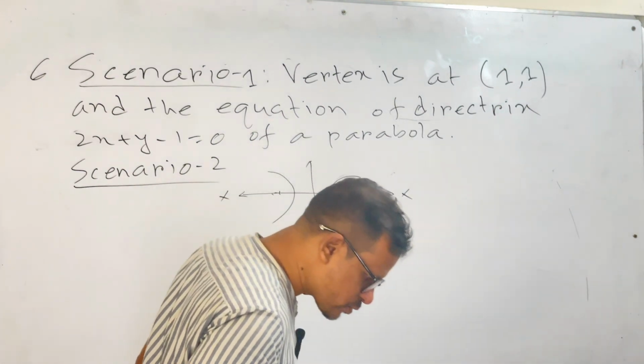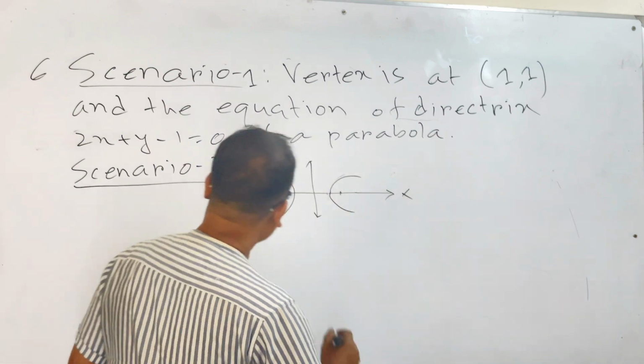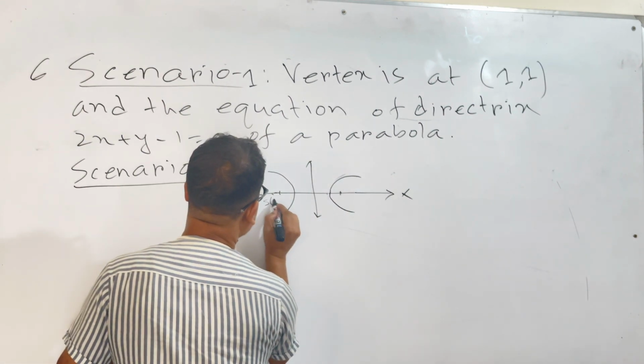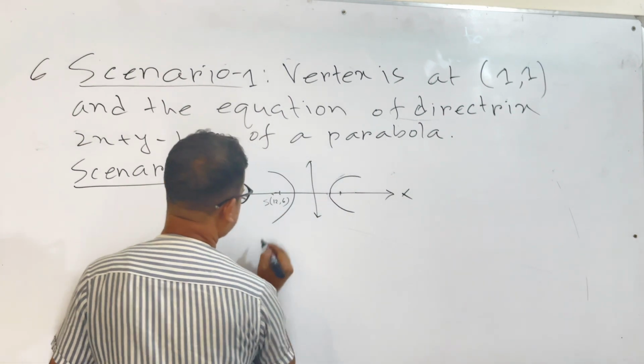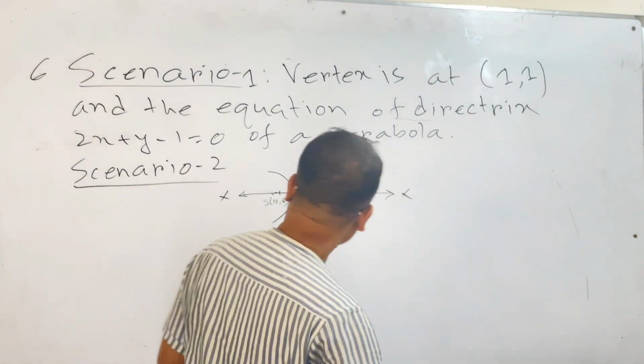Which one? S, S prime, and the points (12, 6) and (minus 12, 6).